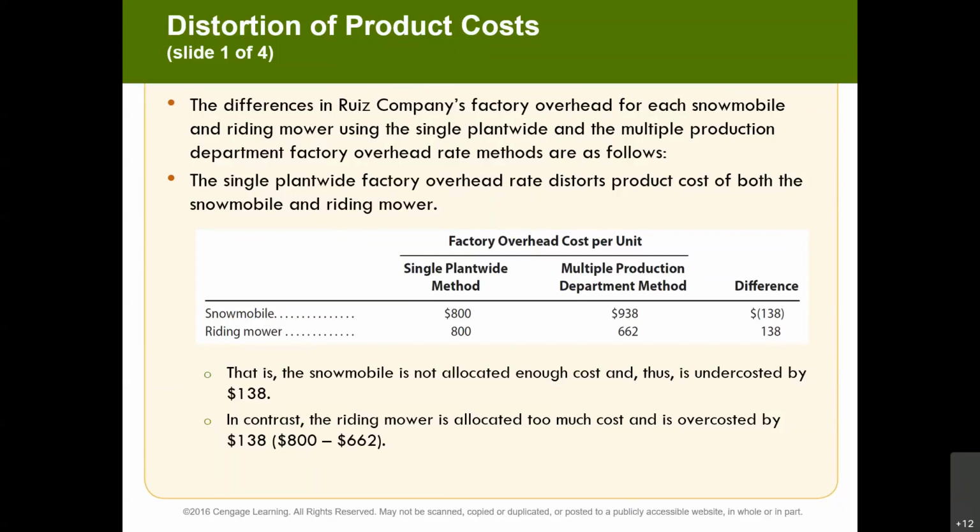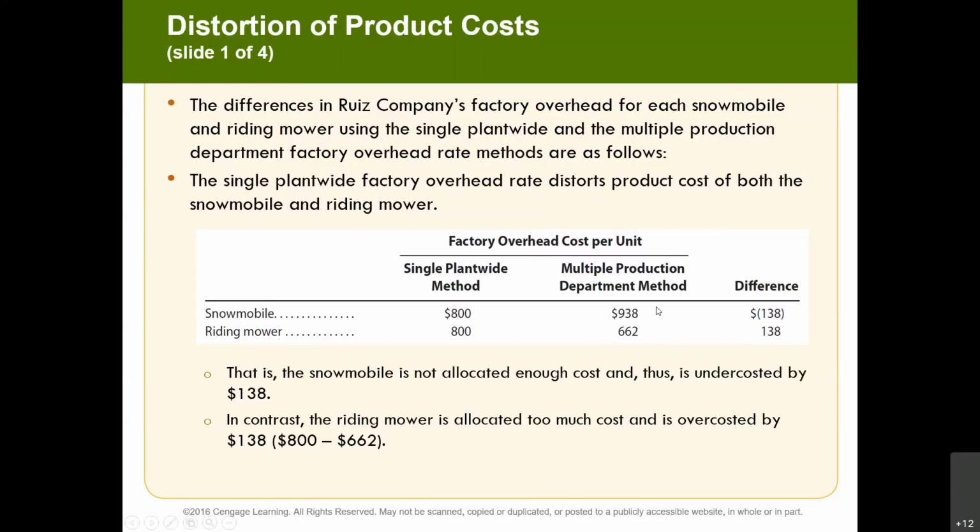So here's how it looks. In the single plant-wide method, we had $800 for each unit, regardless of what unit it was, right? In the multiple department method, we had $938 for the snowmobiles and $662 for the riding mowers of allocation of overhead per unit.